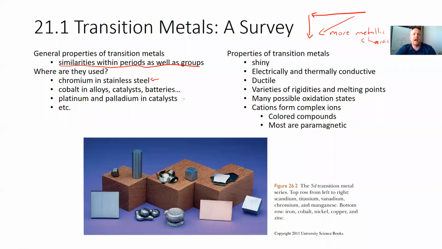Platinum and palladium are really useful in things like hydrogenation catalysts, where you're adding hydrogen across a double bond. The properties of the individual metals will lend themselves to catalysis oftentimes.